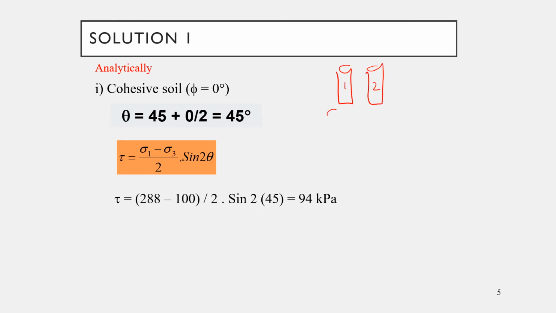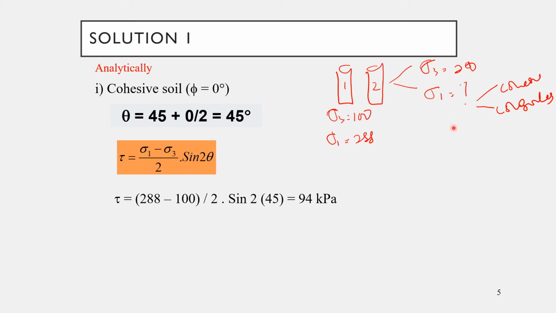Specimen number 1 has sigma 3 equal to 100, and sigma 1 is given as 288. For sample number 2, sigma 3 applied is 200, and it asks you to find sigma 1 for cohesive and also for cohesionless soil. So let's look at the cohesive soil first.